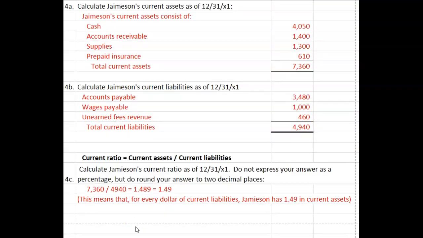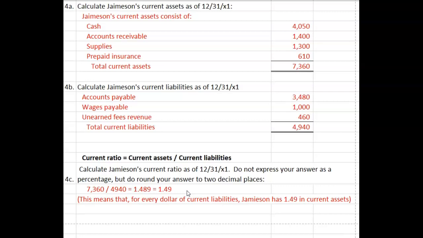Did you get 1.49? Total current assets of 7,360 divided by total current liabilities of 4,940 equals 1.489. This 9 causes this 8 to go up 1, which means it rounds to 1.49.